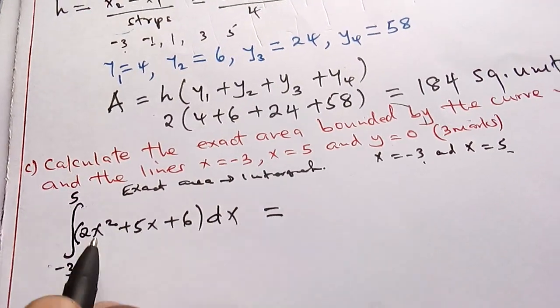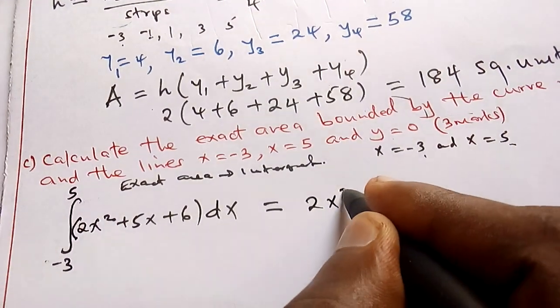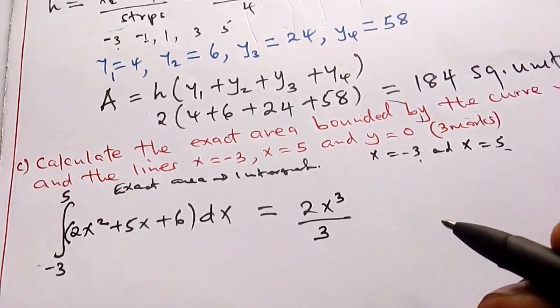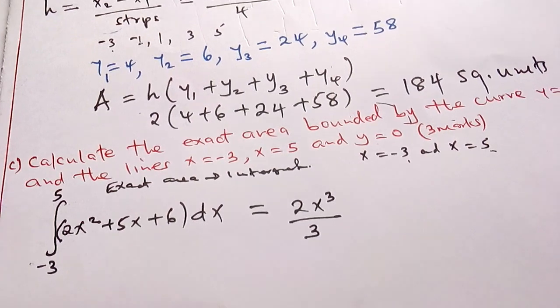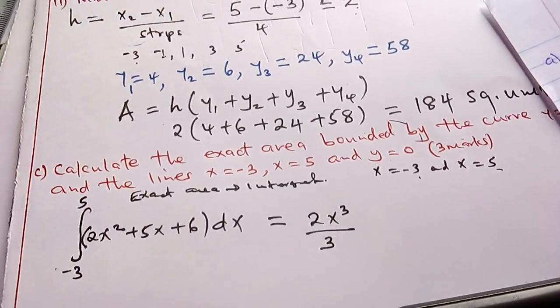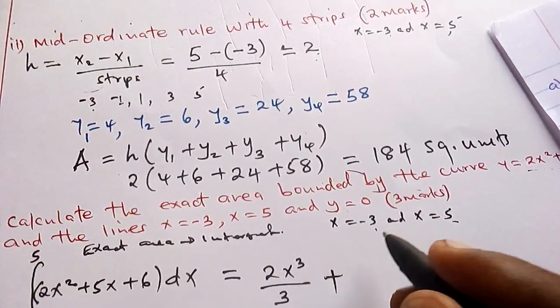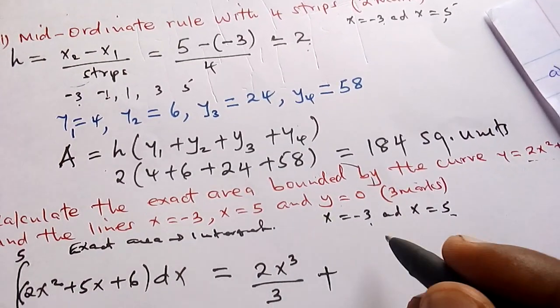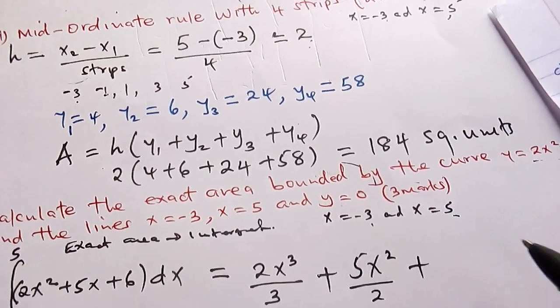So if we integrate 2x squared, you are going to get 2x cubed over 3. Then plus 5x integrated, we are going to get 5x squared over 2, then plus 6x.